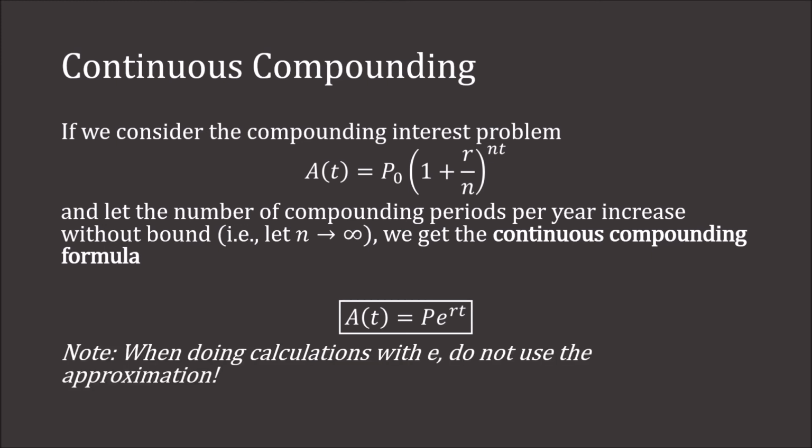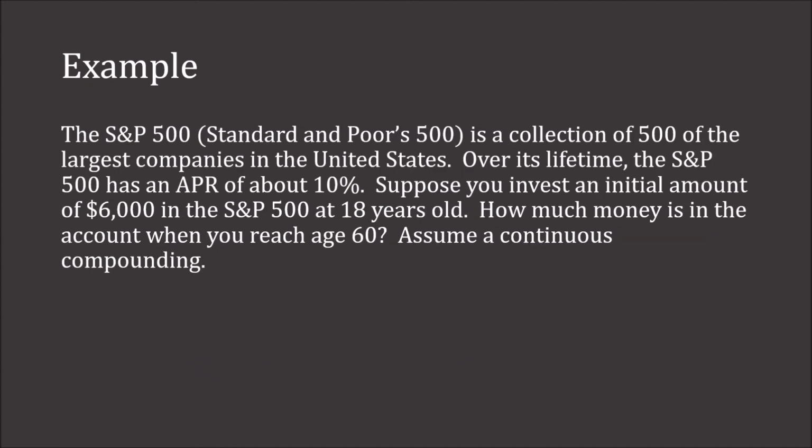So, same example as last time, except now we're going to assume a continuous compounding. So in this case, our model is now A of t equals P e to the rt. So it's 6,000 e to the 0.10 t.